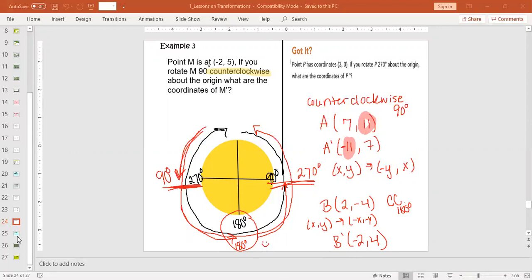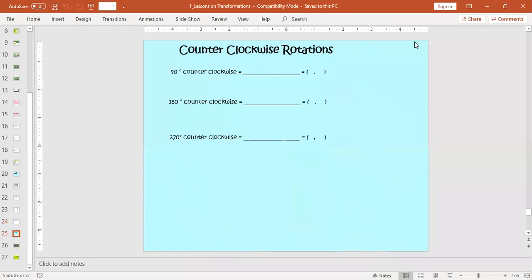You might want to write these down, and it's just the opposite. So basically, it's the same thing. 90 degrees counterclockwise is the same thing as 270 degrees clockwise. So that's (x, y) becomes (-y, x). 180 degrees counterclockwise is the same thing as 180 degrees clockwise.